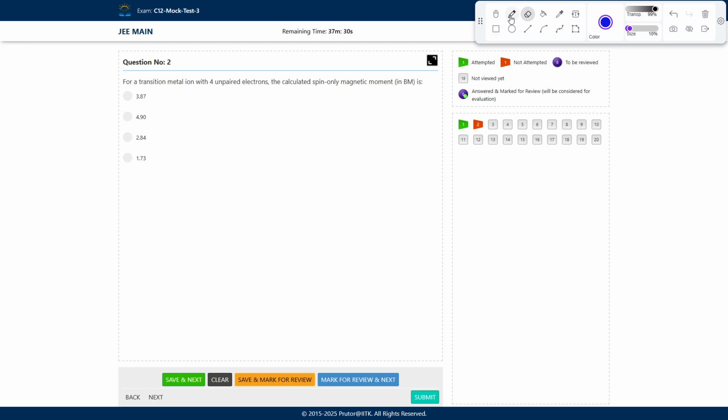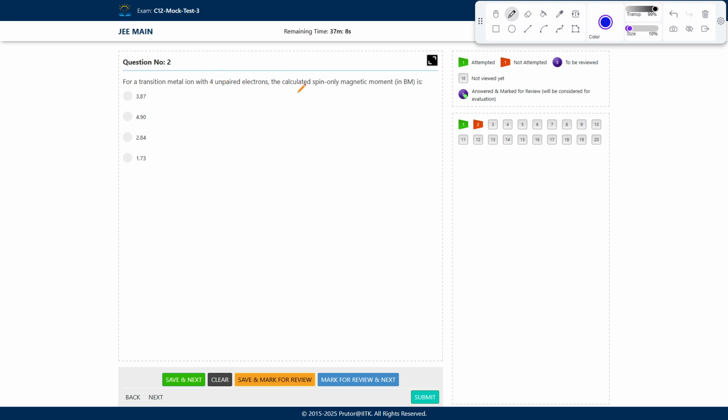So this question is: for a transition metal ion with 4 unpaired electrons, the calculated spin only magnetic moment in Bohr magneton is? So you have to tell that we have a transition metal ion in which 4 unpaired electrons are present.